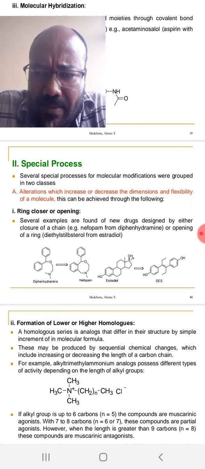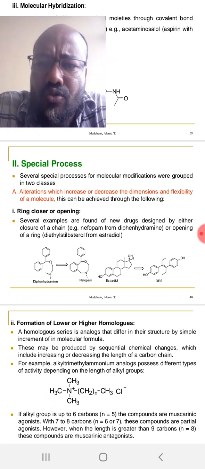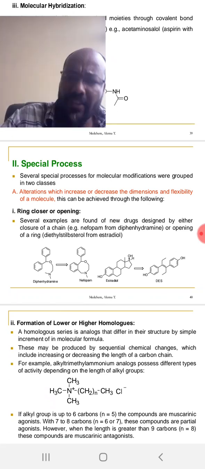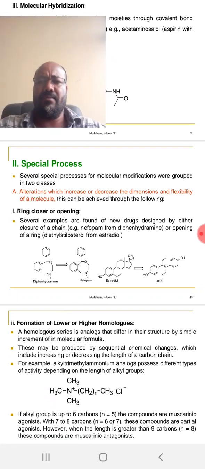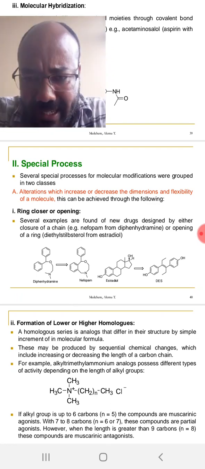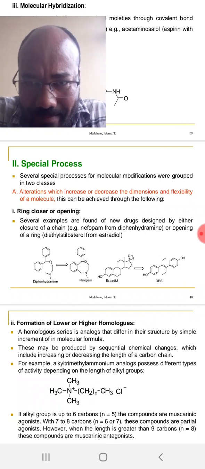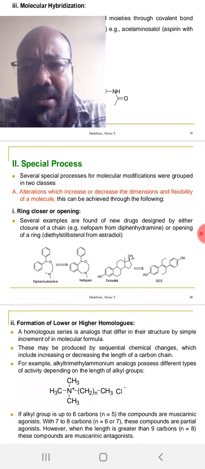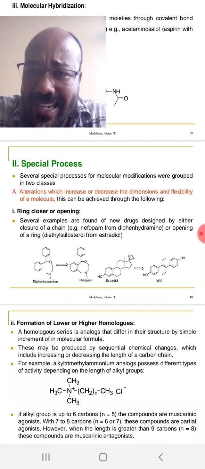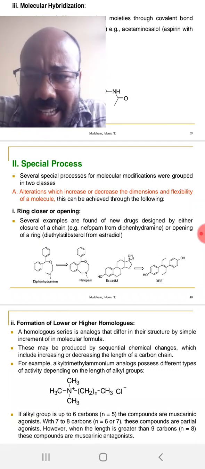Under this special process, the first method that is used to discover or develop new drugs is ring closure or ring opening. What does it mean? We have a lot of examples of drugs that are discovered by either ring closure or ring opening.